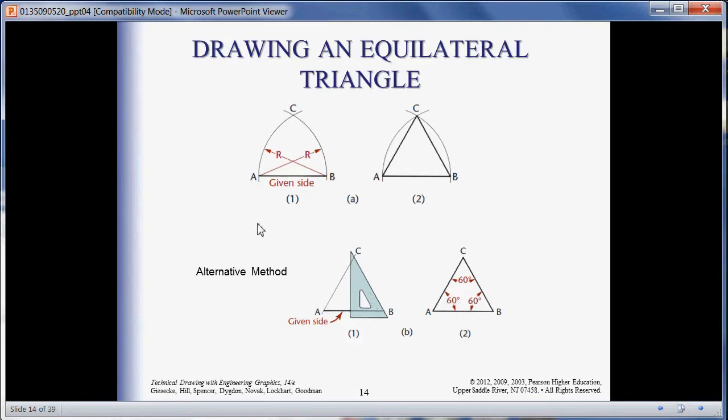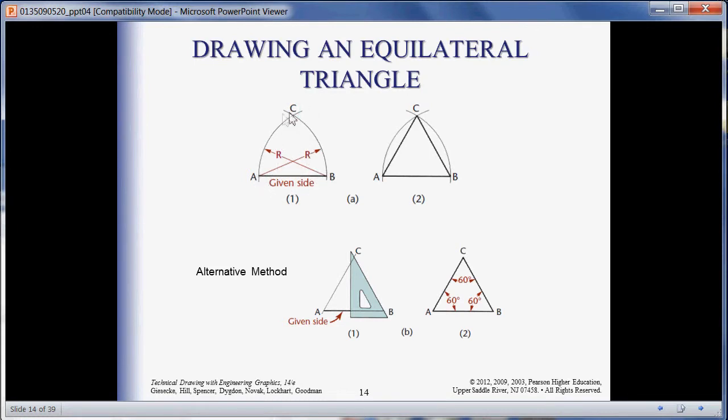Okay, I'm going to skip over section 4-11, laying out an angle with the sines and cosines, or tangents. I'm just going to jump into drawing an equilateral triangle, section 4-12 on page 133. Equilateral means equal sides on each angle. Given A and B, if I take my arc and swing up, that gives me a duplicate of length AB, and then I do the same on the other side.